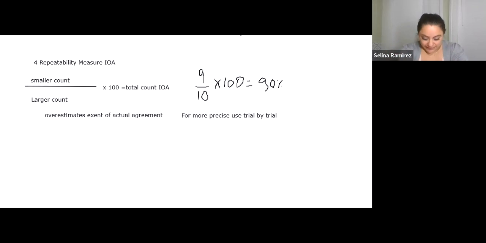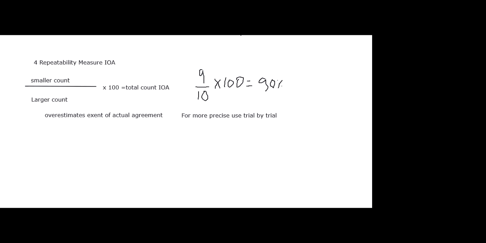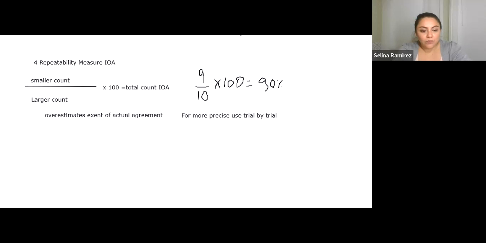Our formula for that one is going to be interval 1 IOA plus interval 2 IOA plus interval 3, and so on and so forth, however many intervals you have.